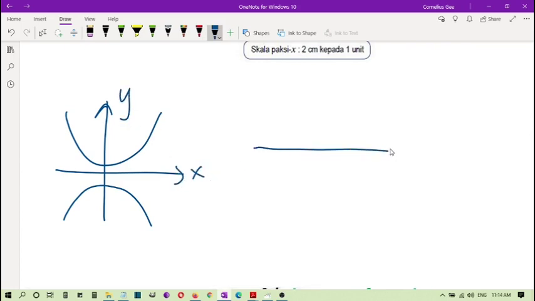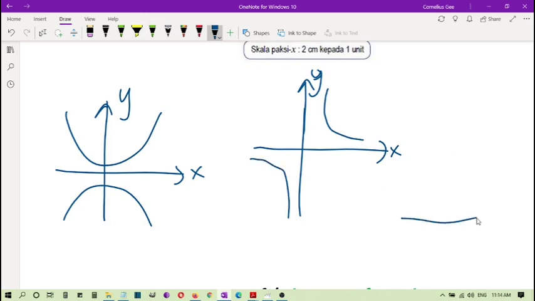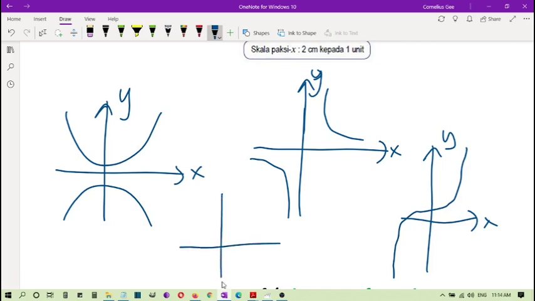Or you can draw another graph that looks like this. This is y again, this is x. There's even another graph of y and x. So these are the different types of graphs that you'll be doing.